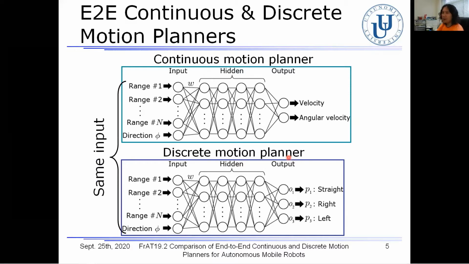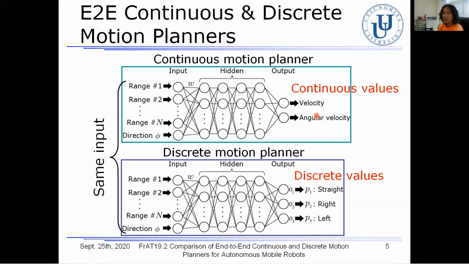For both of the E2E motion planners, the same inputs, which are range data and goal direction, are used. The outputs from the discrete motion planner are discrete values of the velocity and angular velocity, which indicate the control command such as go straight, turn right, and turn left. On the other hand, the outputs from the continuous motion planner are continuous values of the velocity and angular velocity.